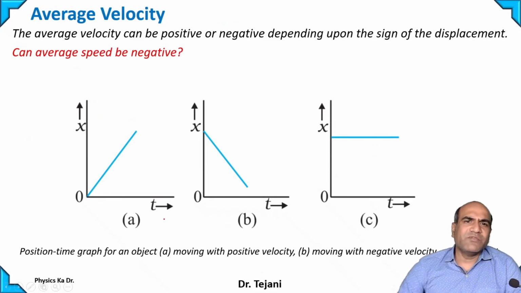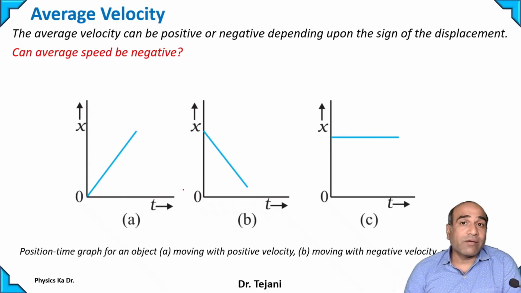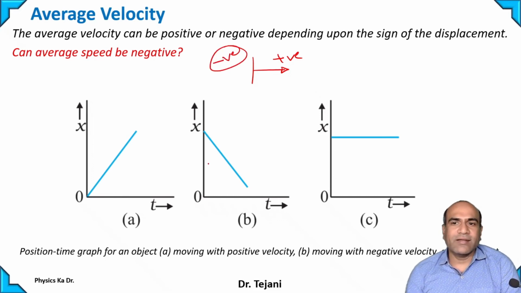Now let us understand a few more graphs. The average velocity can be positive or negative. See, when we talk about velocity, it deals with direction. So this velocity can have a positive value or it can have a negative value.